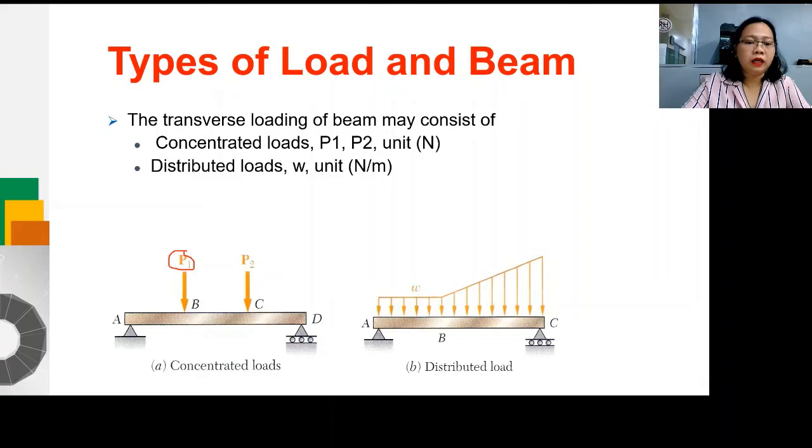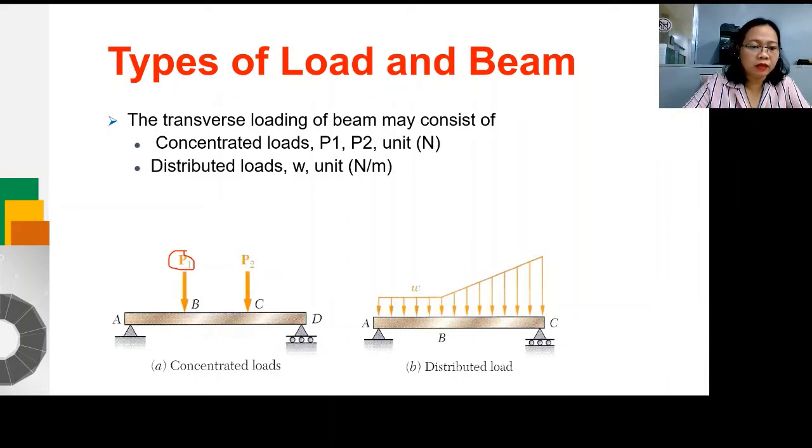The unit of concentrated loads can always be Newton, and distributed loads W. This is an example of a distributed load. So you can have a uniformly distributed load, or this one, rectangular distributed load.